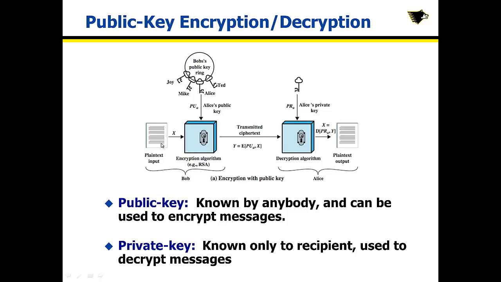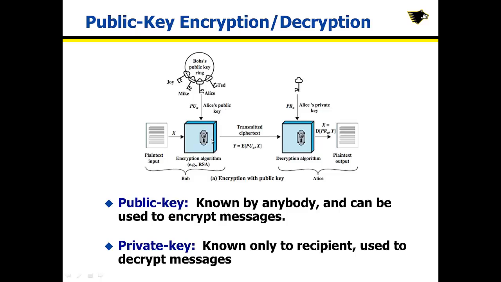For example, this side is the sender, the user called Bob. The other side is Alice. Here we can say Alice is a computer name, okay? Bob is another computer name. In public key encryption and decryption, the plain text is first encrypted with Alice's public key.